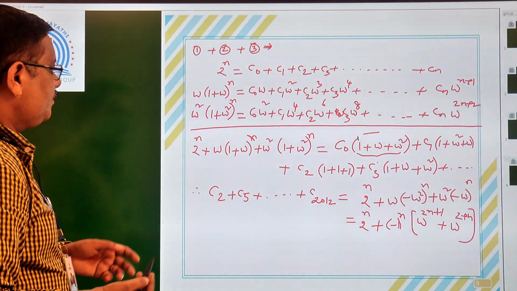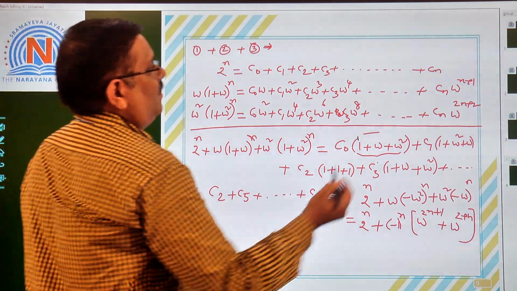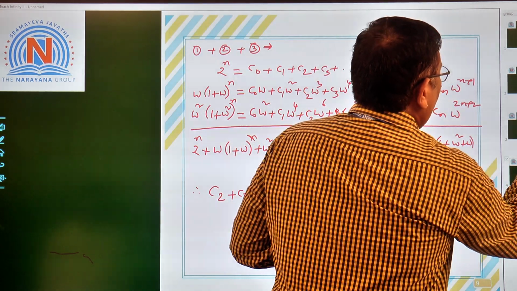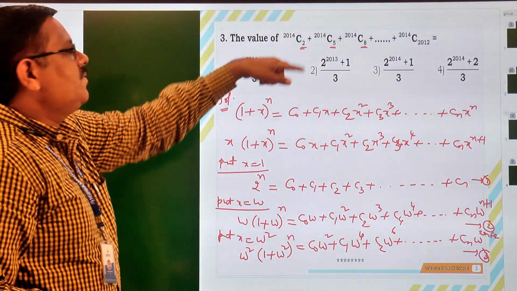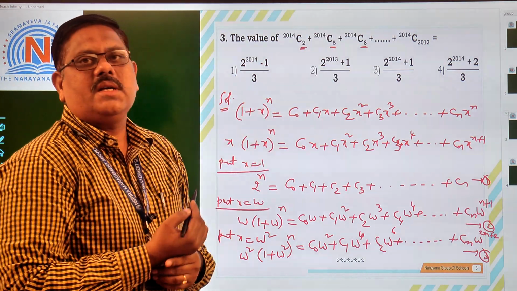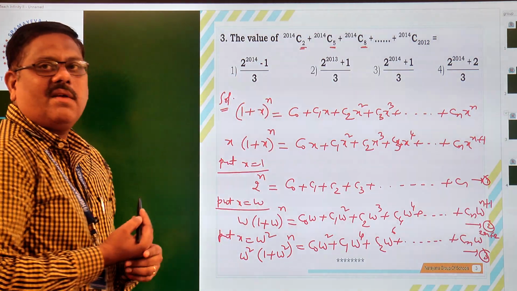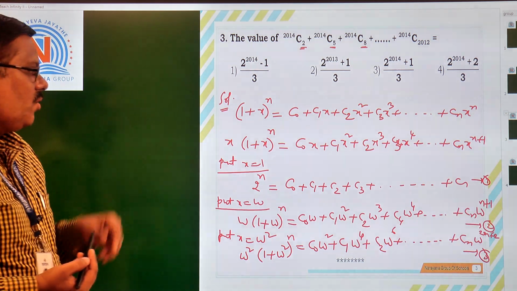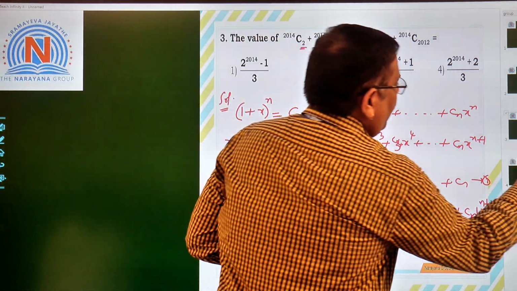Now what to do? In the actual question, what is he asking? He is asking 2014 C2 plus 2014 C5, 2014 C8. It means that the n value is 2014. You have to replace n with 2014.